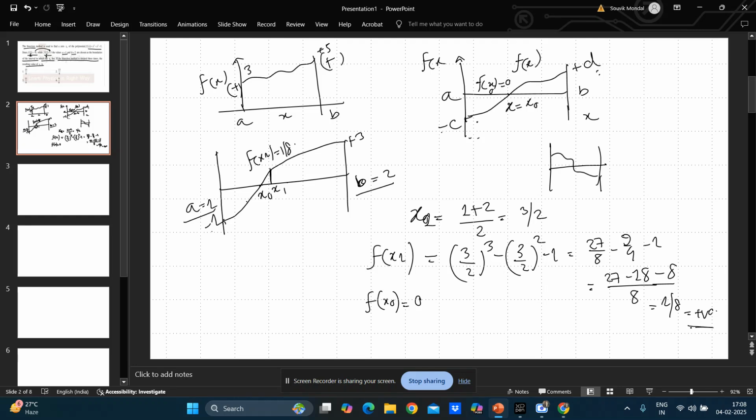So x1 surely lies on the right side of x0. Okay, so suppose this is x1, and we are getting closer to x0.